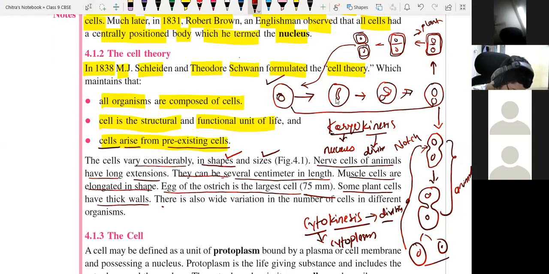Yes. There is also a wide variation in the number of cells in different organisms, starting from the amoeba. It is formed by a single cell.